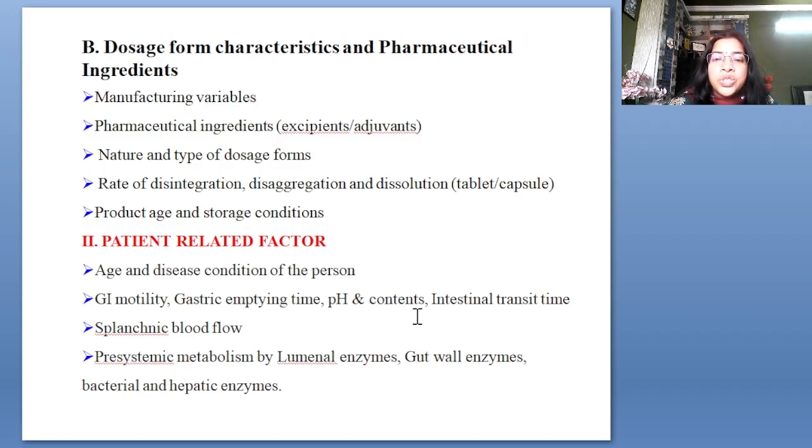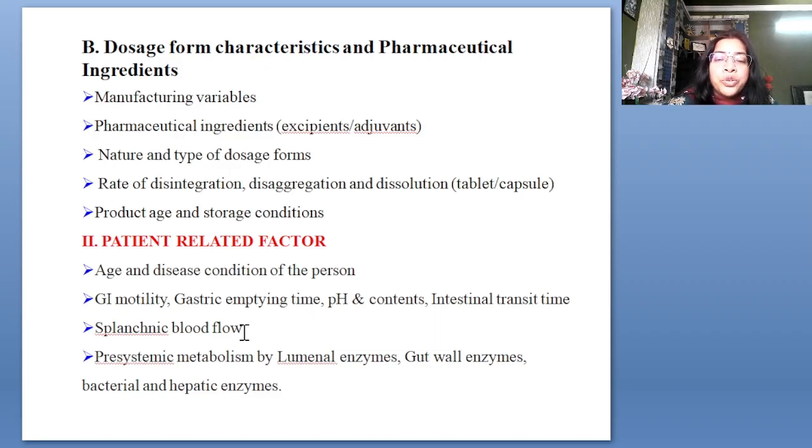Sometimes the contents of the GIT may be oily or greasy. In that case, some of the drugs may not get well absorbed, but it becomes supporting for some drugs which are highly lipophilic, like griseofulvin or lumefantrine. Their absorption is supported when the contents of the GI are lipophilic.